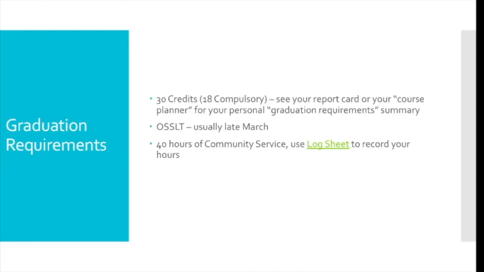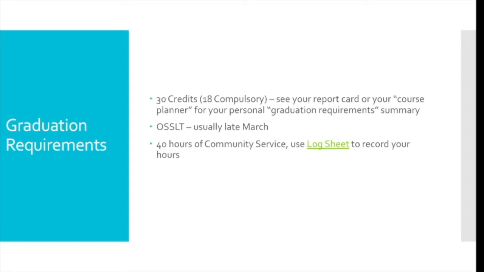Let's remind ourselves of the grad requirements. In order to earn your high school diploma, you will need to earn 30 credits, 18 compulsory, which are mandatory, and 12 elective, which are interest-based and usually closely tied to your pathway plan. You will need to earn 40 hours of community service. We have included the link to the login sheet for community service, which you can print off and use to log your hours.